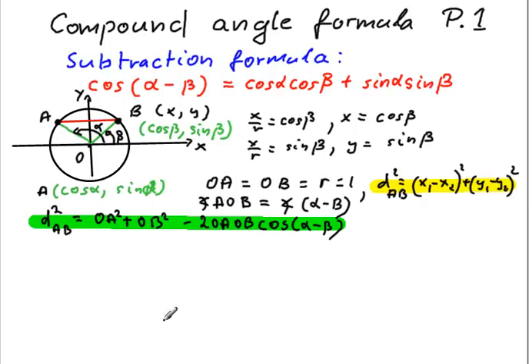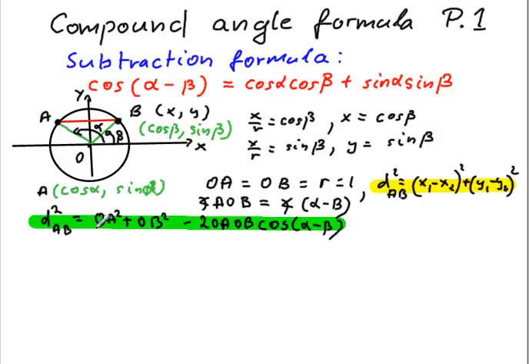So let's follow with the formula between point A and B, using the fact that coordinate x1 and x2 is cos alpha, cos beta. y1 and y2 will be sine alpha and sine beta.